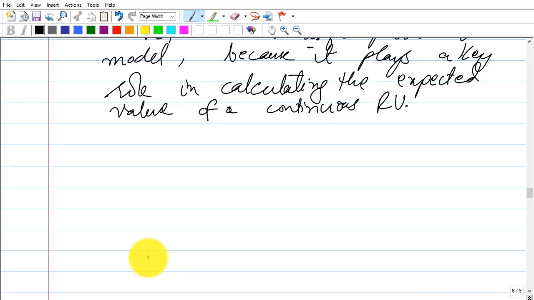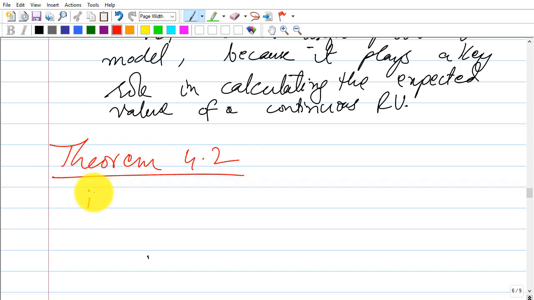There are again some properties of a continuous random variable which are defined here as theorem 4.2. So the first property says that the PDF, because it's a probability model, will always be greater than or equal to 0 for all x. That's the simple relation.